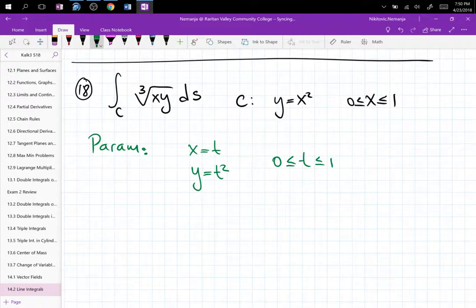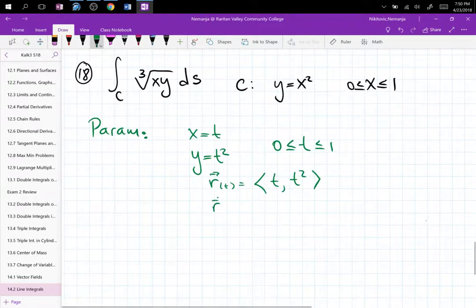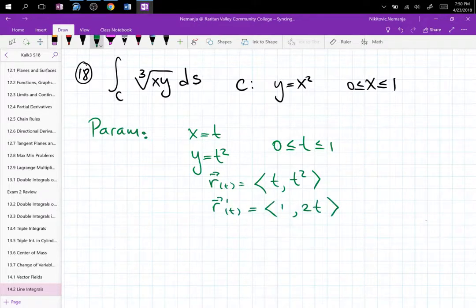So setting x equals t, and then replacing every x of the original equation with t, you get the formula for y. So immediately I have that my vector r of t is (t, t squared), and then r prime of t is (1, 2t), and now the magnitude of that is going to be the square root of 1 plus 4t squared.